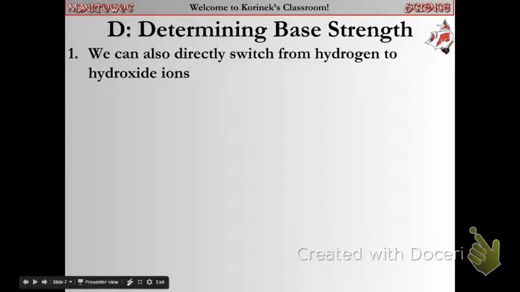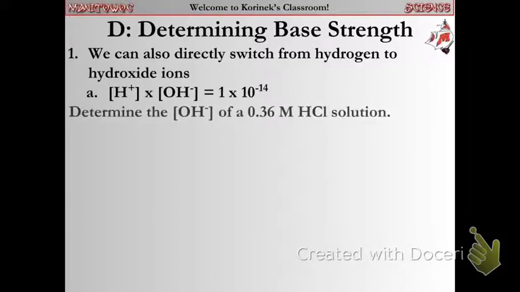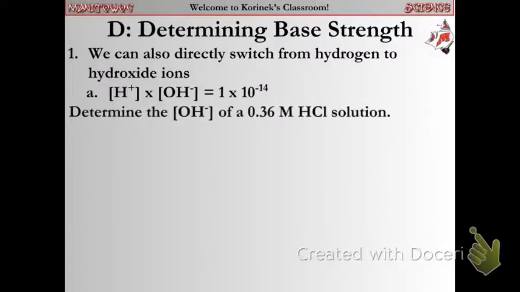All right, we can also directly switch from hydrogen to hydroxide ion. We'll use this equation to do that. In any solution, if you find the hydrogen concentration and the hydroxide concentration and multiply those two together, you're going to get 1 times 10 to the negative 14. So if I were to ask you to determine the hydroxide ion concentration of a 0.36 molar HCl solution, it would look like this.